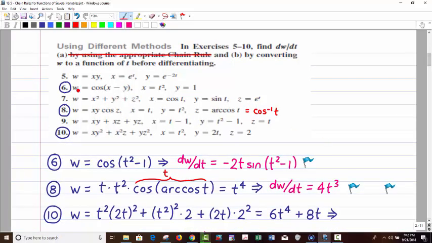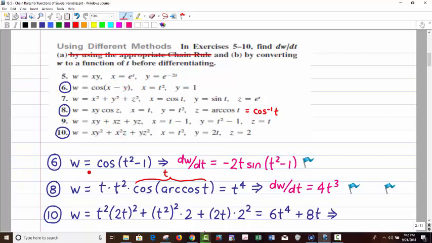So let's take a look at this number 6. Here's an example where w equals cosine of x minus y, where x equals t squared and y equals 1. So I'm going to take x equals t squared and put it in there for x. y equals 1, I'll put that in there for y.